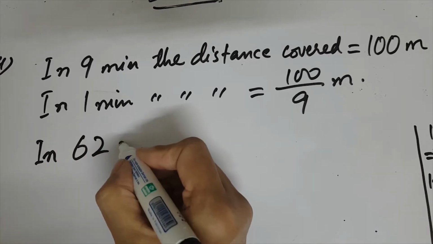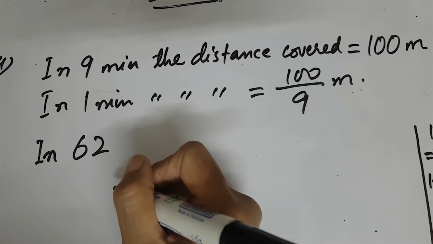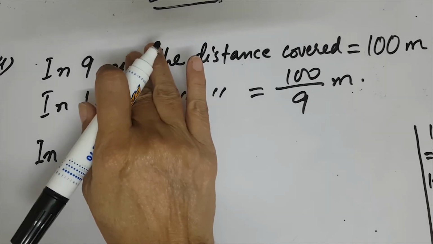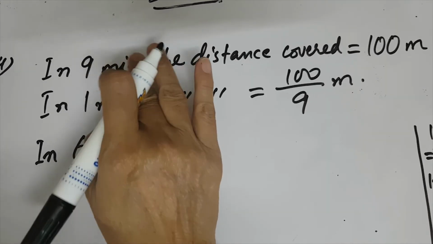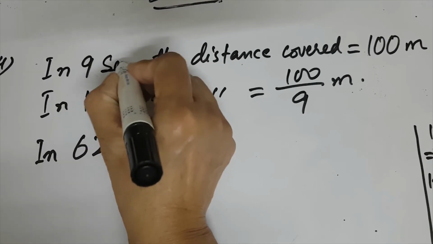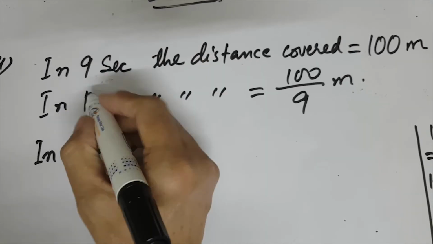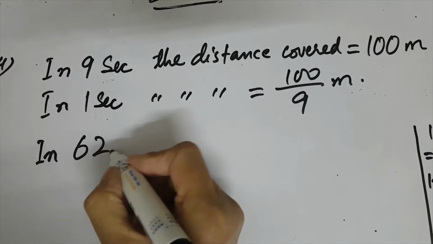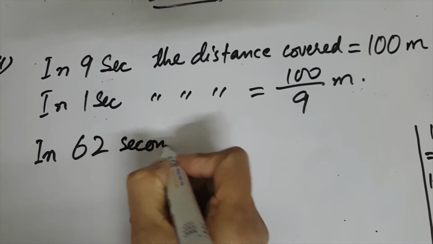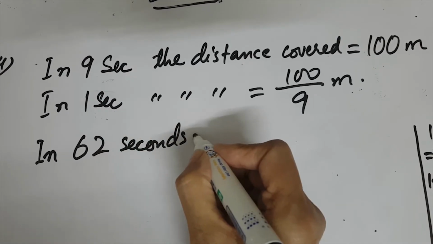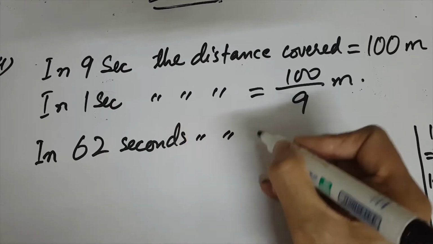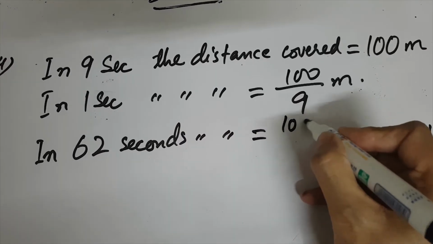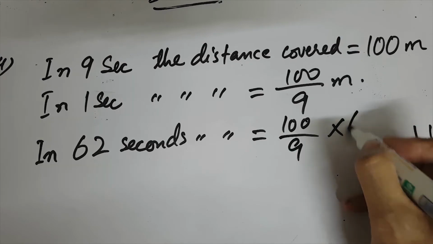So in 62 seconds, sorry, this is not minute, this is seconds. In 62 seconds the distance covered by the fastest man is 100 upon 9 multiplied by 62.